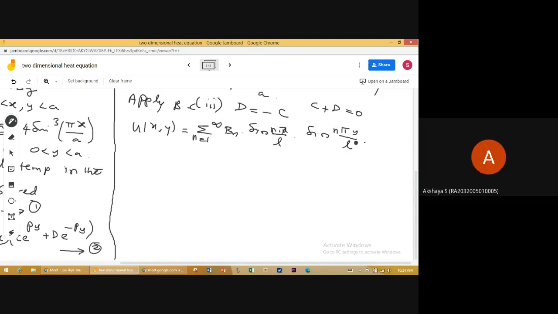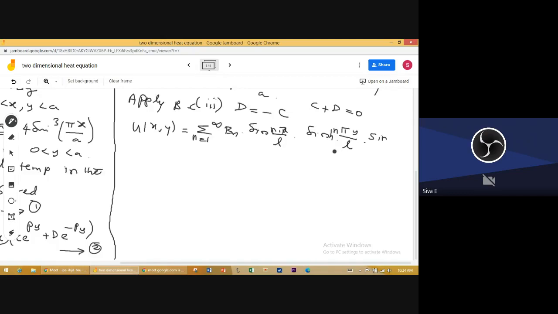Last term sinh(nπy/L). So u(x, y) equal to summation n equal to 1 to infinity Bn sin(nπx/L) sinh(nπy/L). Is there any problem with this? L will not come here. What will come?